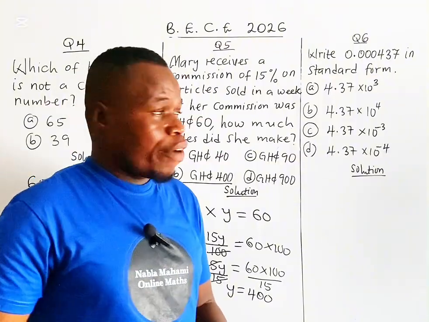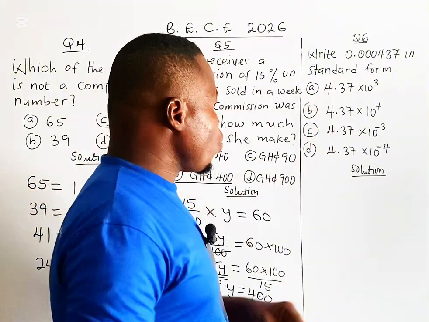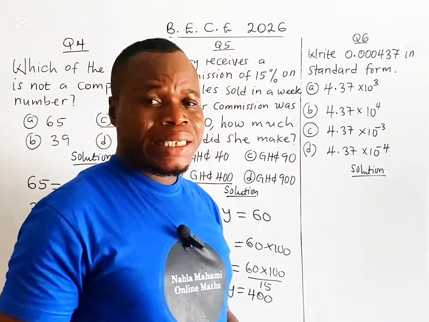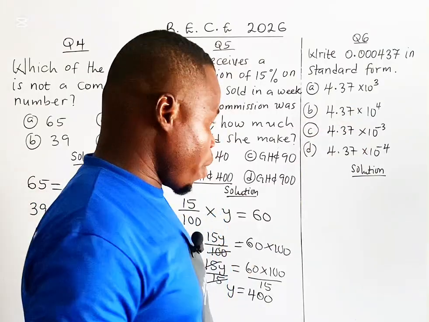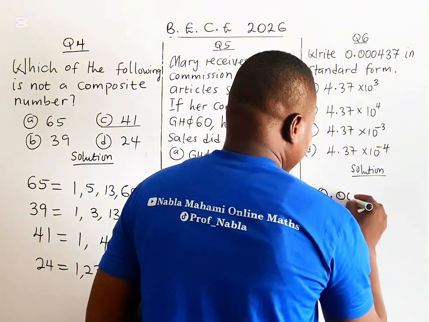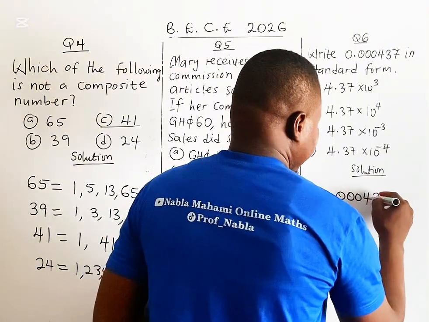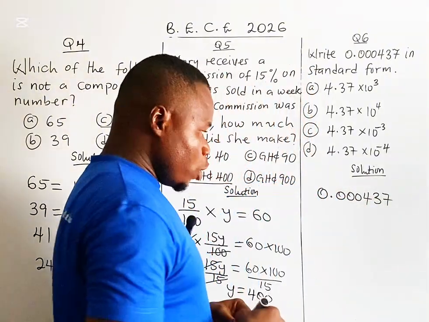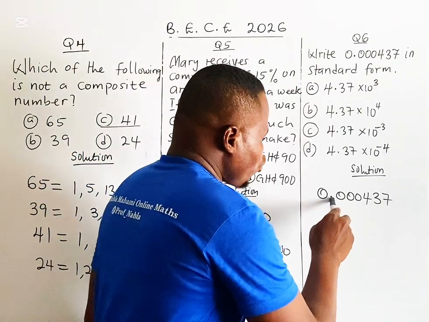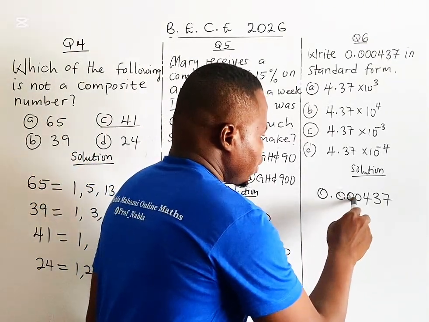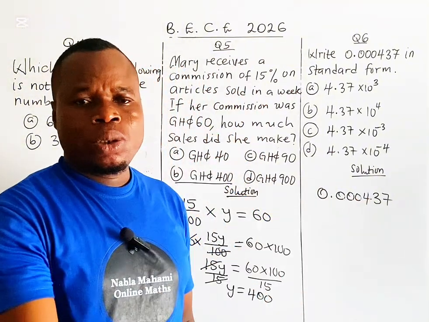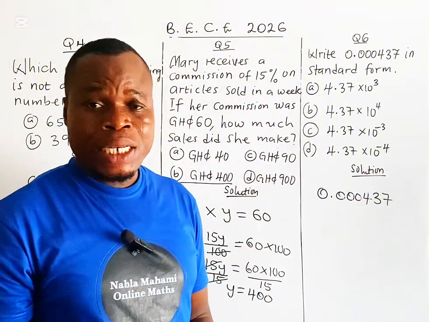Question 6, we have, write 0.000437 in standard form. So I'll write 0.000437. To write this one in standard form, you have to move this point to the first digit so that the point will lie in front of the first digit.